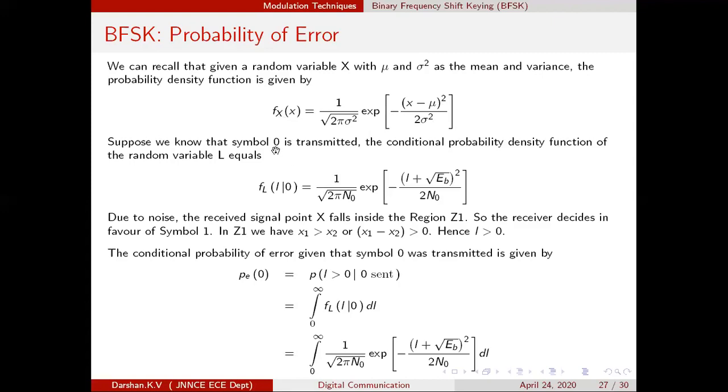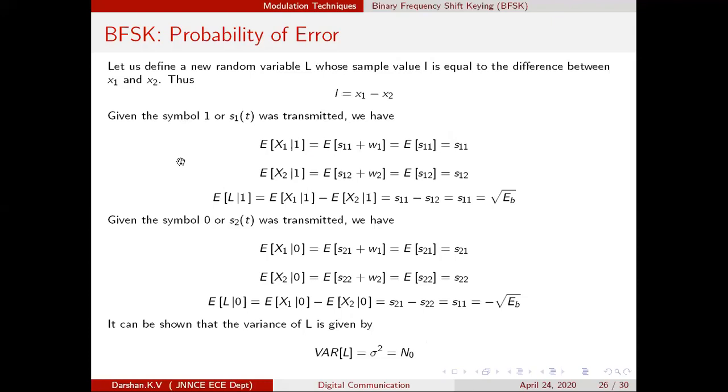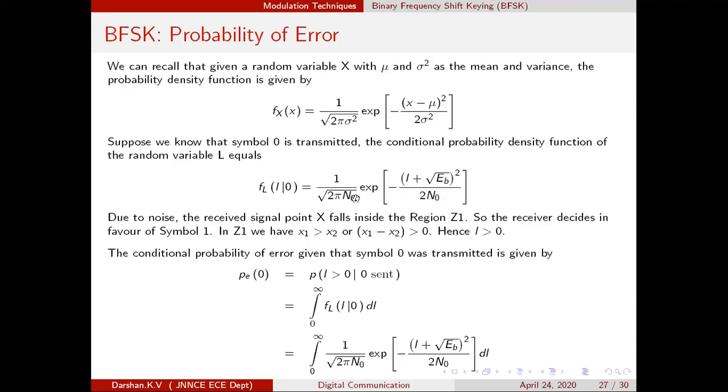Here we know the condition is 0. This is just a PDF; this is a conditional PDF. Conditional PDF means you need to calculate the mean and the variance of this random variable L under this particular condition. In the previous slide, we have taken two conditions, symbol 0 and symbol 1. Over here, which do we consider?